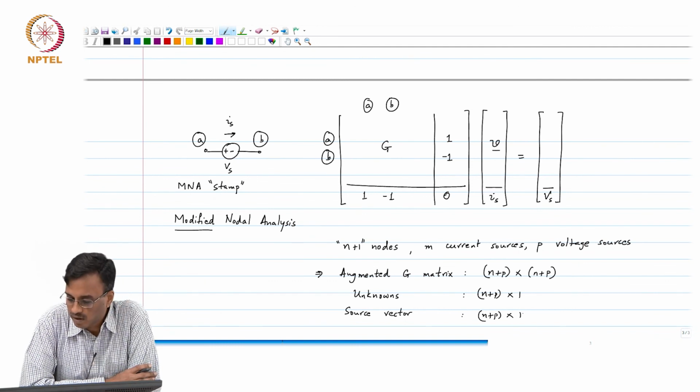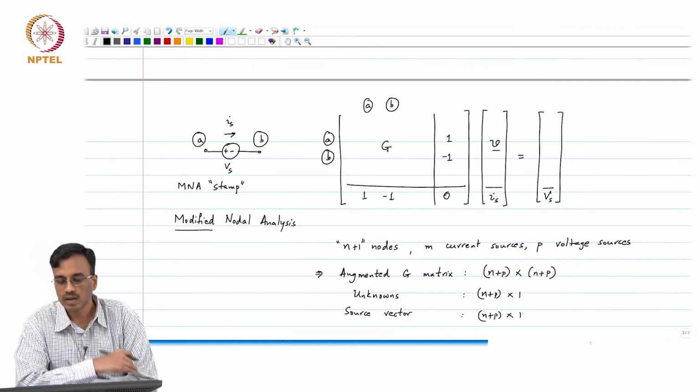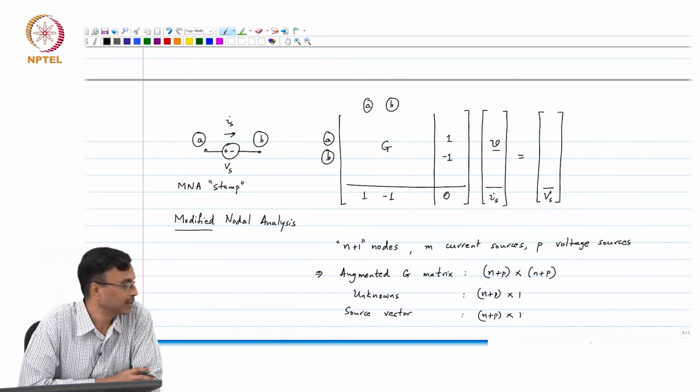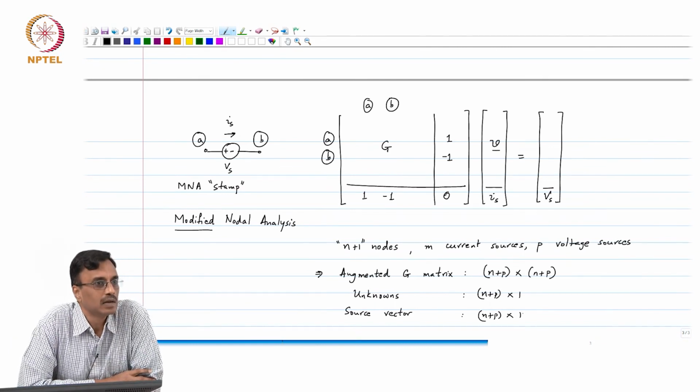And where is the source vector? The lower p entries will correspond to the strengths of the voltage sources.